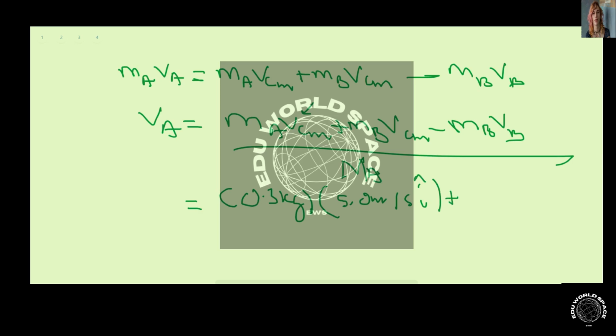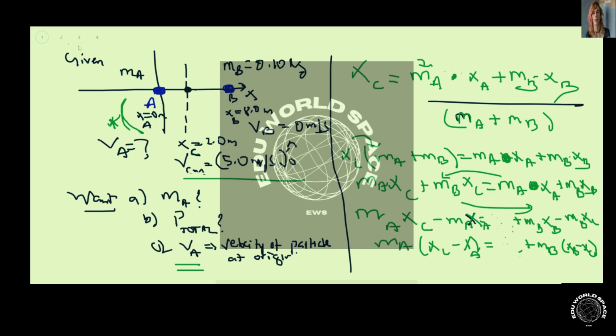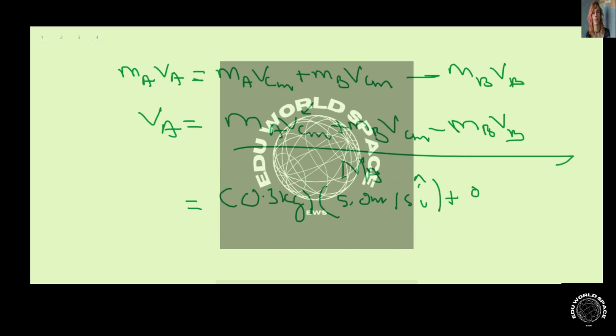plus mass of B. Mass of B happens to be, if we go back, 0.10 kilograms, times the velocity at center of mass, which is 5.0 meters per second I hat, minus mass of B, 0.10 kilograms, times the velocity at B, which is 0 meters per second.